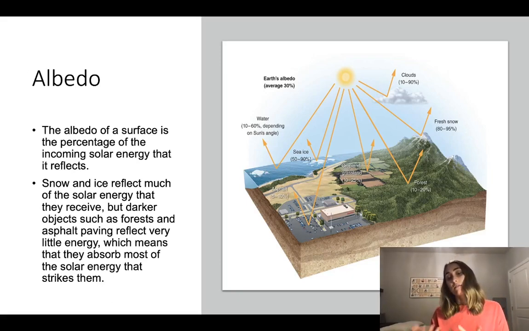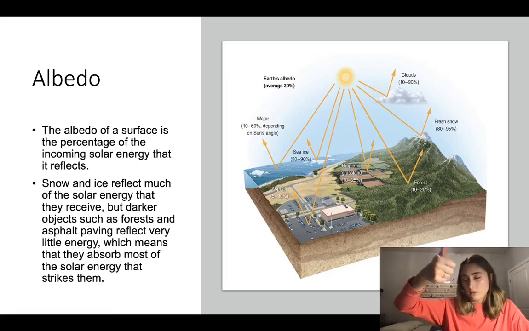And the last thing that contributes to the uneven heating of the Earth is something called albedo. The albedo of a surface is just the percentage of incoming solar energy that it reflects. So if something has a very high albedo, then it's going to reflect a lot of the sun's energy back upward.